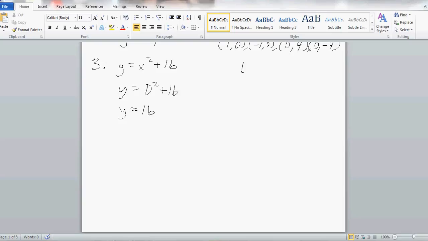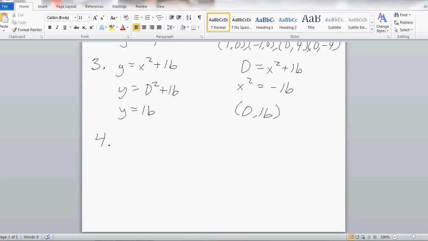Letting y equal 0, we get x squared equals negative 16. And regardless of how hard we try, we never get real numbers, so there's no x-intercepts here. So the only intercept for this particular problem would be 0, 16.